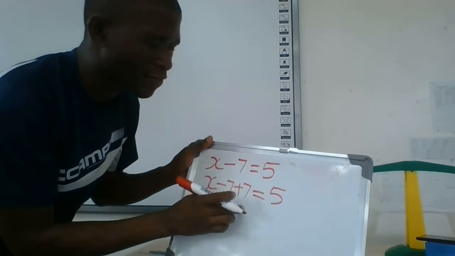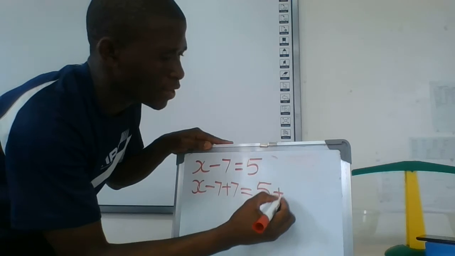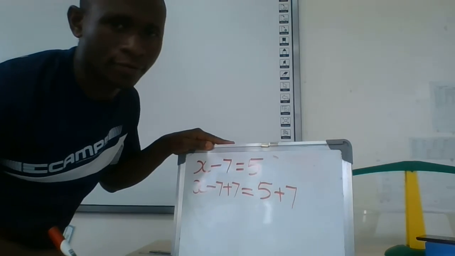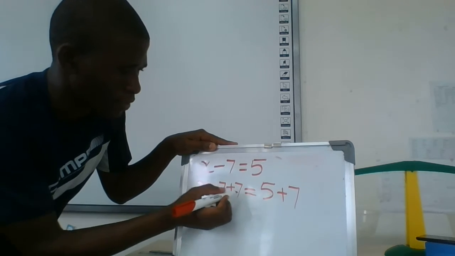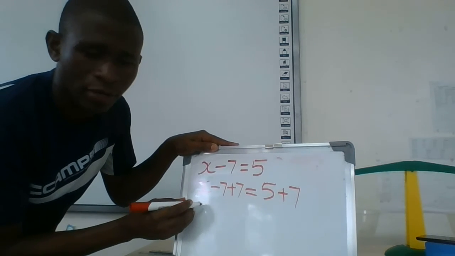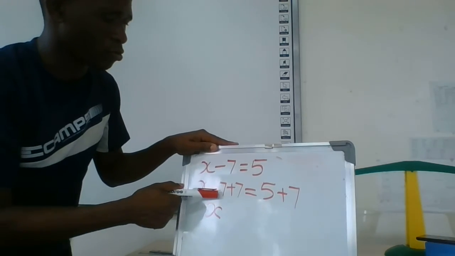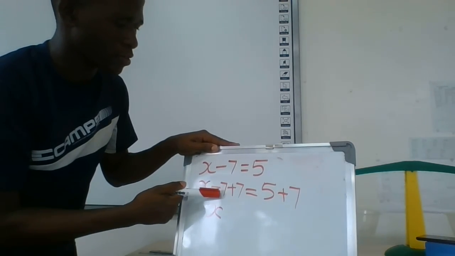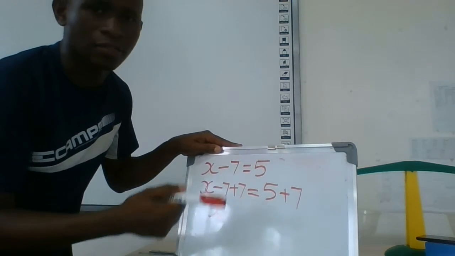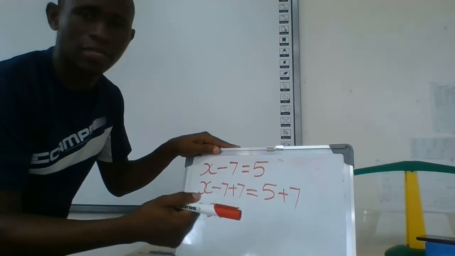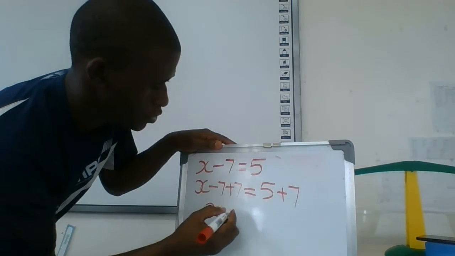When we add 7 on this side, we also need to add 7 on the other side. So plus 7. Then we check. x minus 7 plus 7, we get x. x will remain because minus 7 plus 7 is 0.